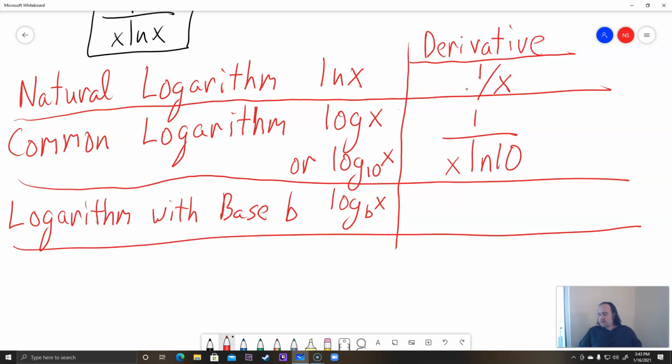So basically, it's still just 1 over x. You just end up having to have ln of the base in the denominator. Okay? So for example, the derivative of log base 13 of x would be 1 over x times ln of 13.